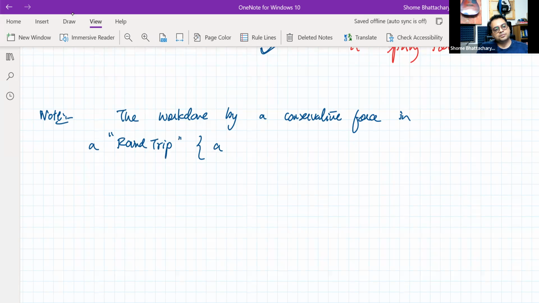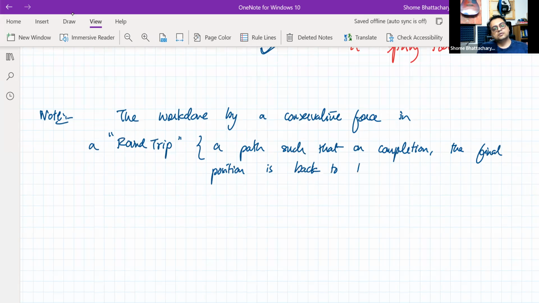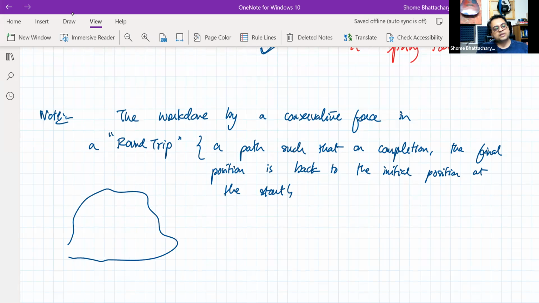So a round trip is a path such that on completion, the final position is back to the initial position at the start. That is the literal meaning of the term round trip. It doesn't matter what the shape of the path is, but if it is a closed path where our initial position is equal to final position.